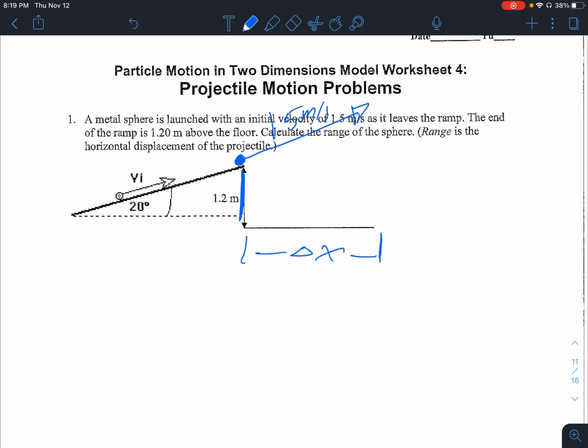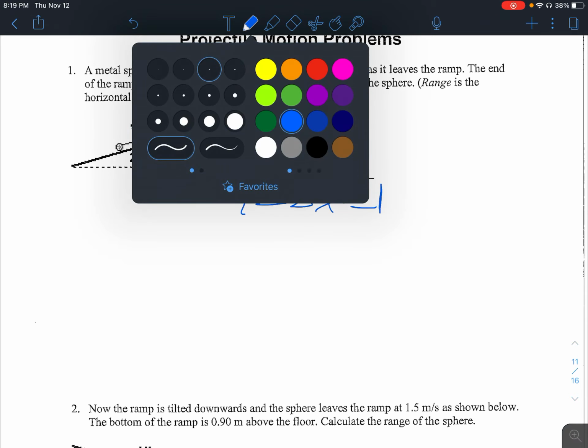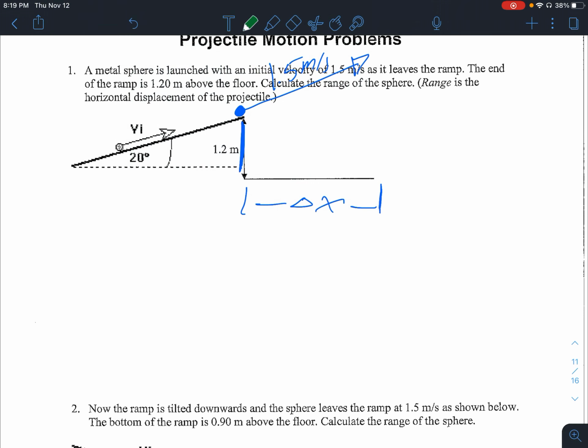So when solving any of these types of problems, we want to separate the main workload into whatever's happening in the x direction and whatever's happening in the y direction. Keeping in mind, anything in the x direction is going to be constant, so our Vx is constant, but it's not going to be that 1.5, because that 1.5 meters per second is both moving vertically and horizontally at the same time.